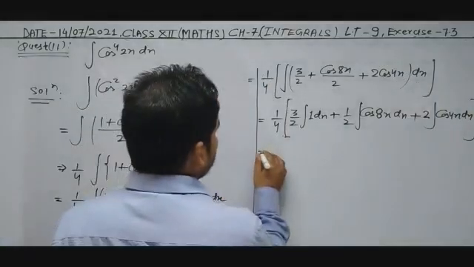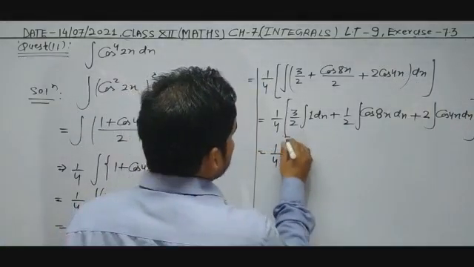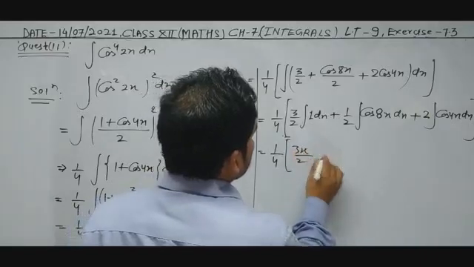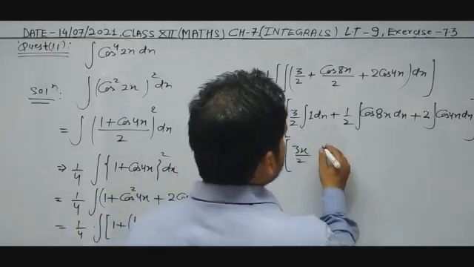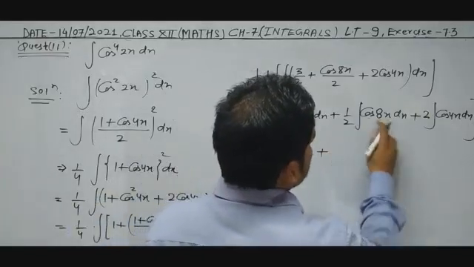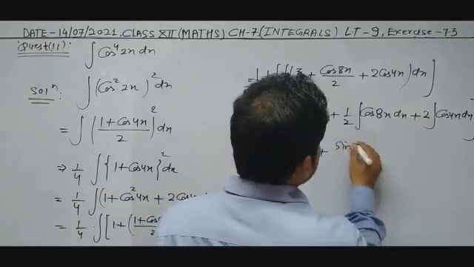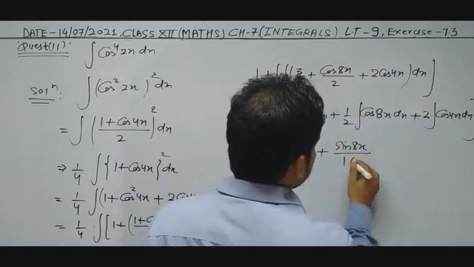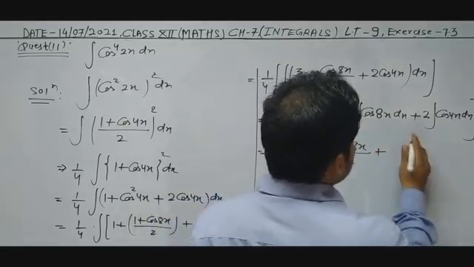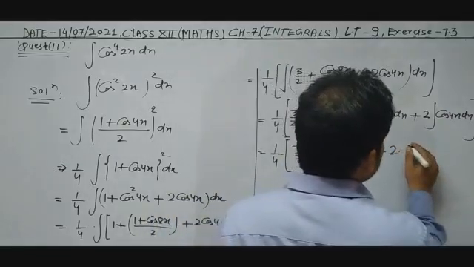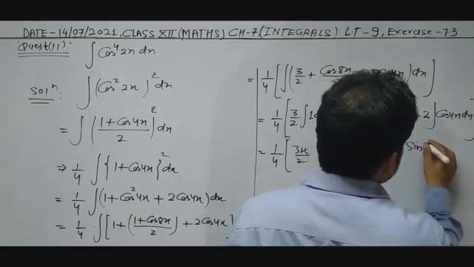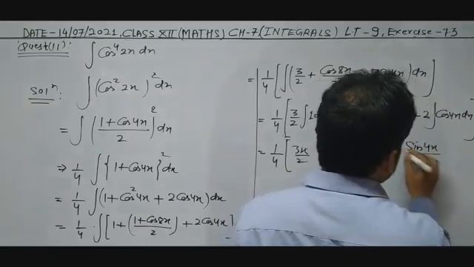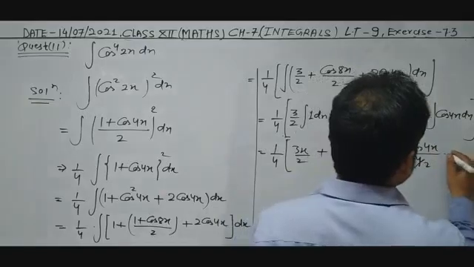Now its result will be 1/4 3x/2, the first integral part, plus the cos 8x integration is sin of 8x by 8 and multiplied by 2, the result will be 16, plus this result is 2 times sin of 4x by 4 and the 4 will cancel out, and now plus c.